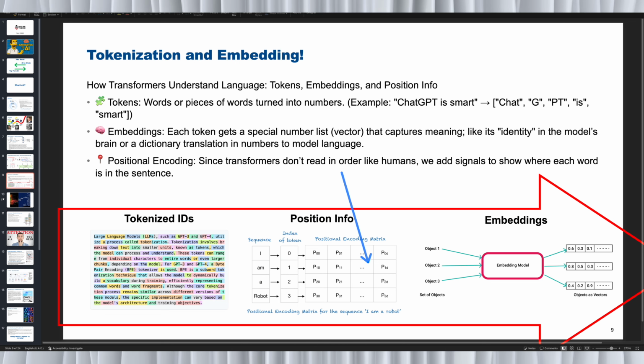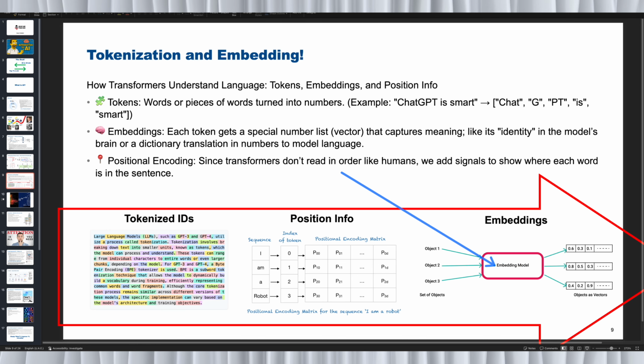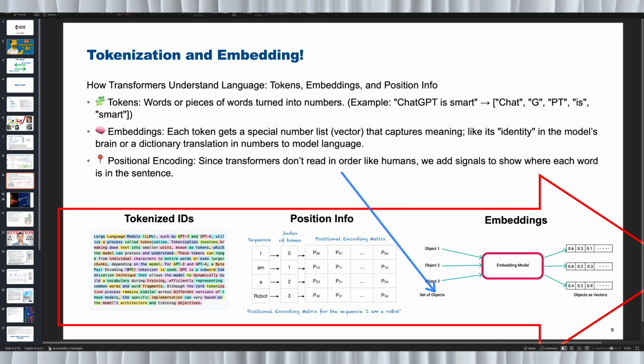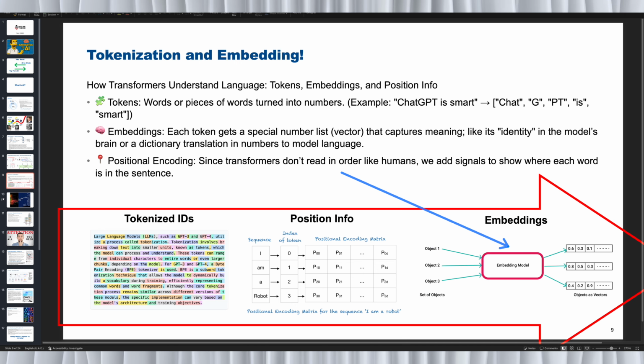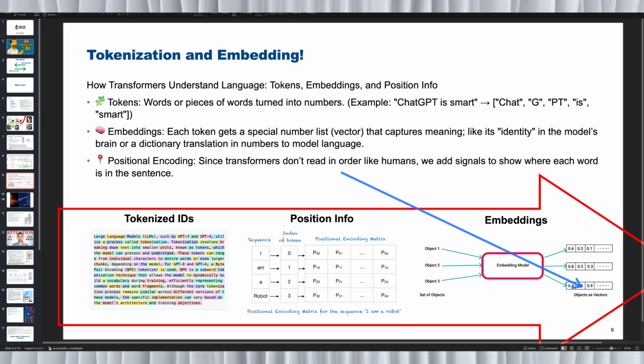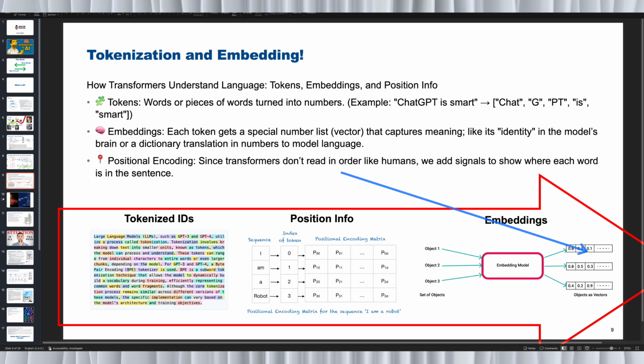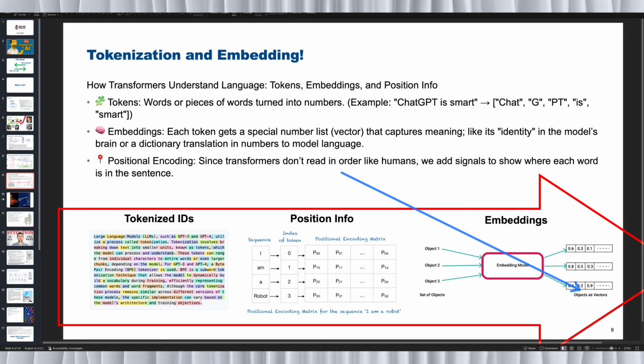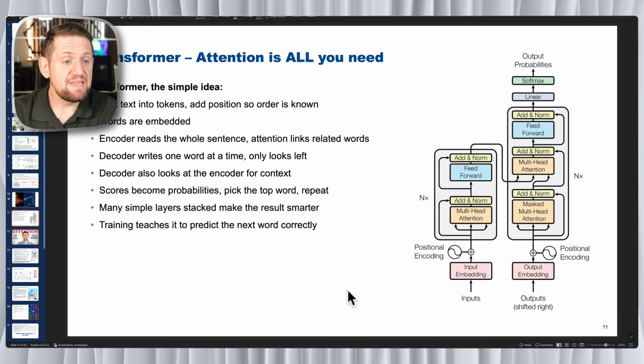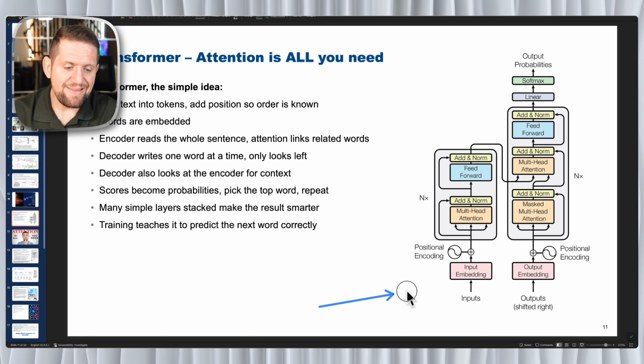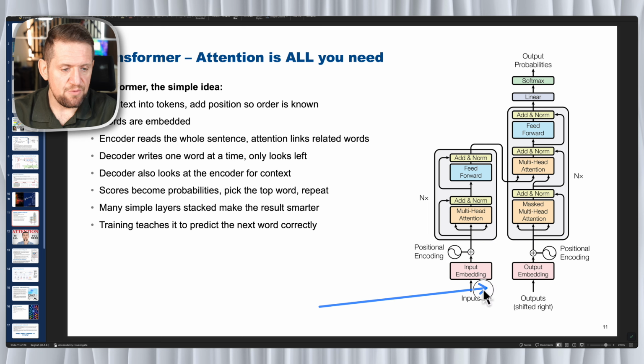Last but not least, that text will go into an embedding model. This is a model that will take all of the words, see here the objects, object 1, 2, and 3, and translate them, as we discussed, into vectors of numbers. So each of these objects will come out as vectors of numbers that the model can deal with and understand.